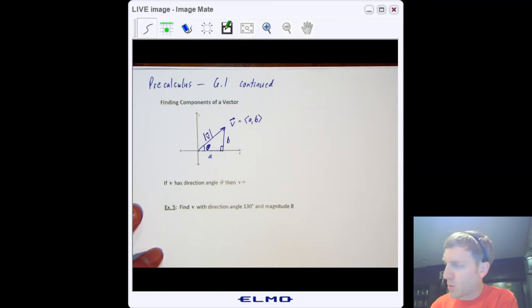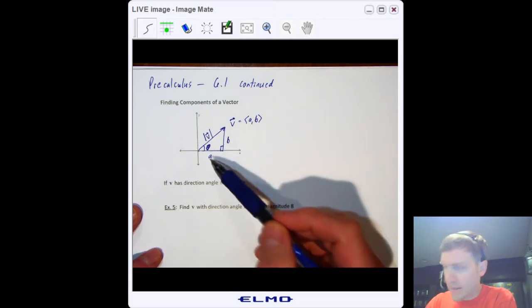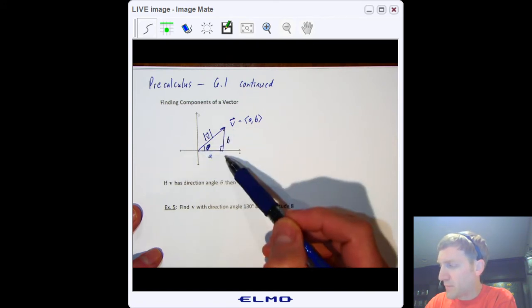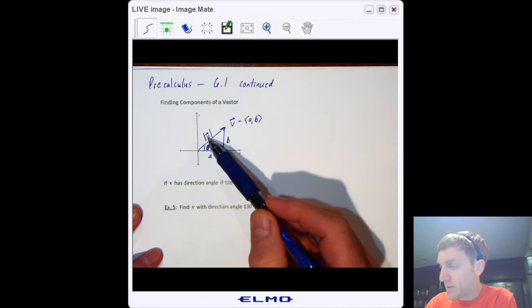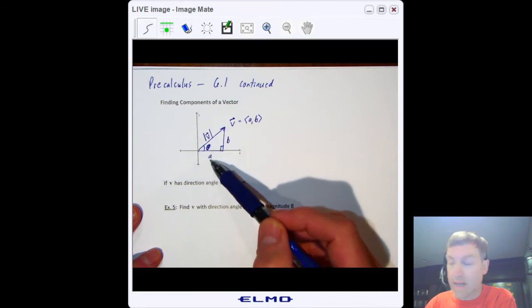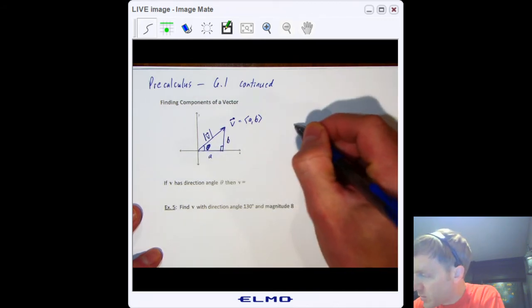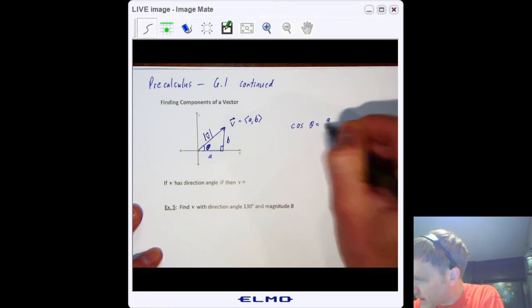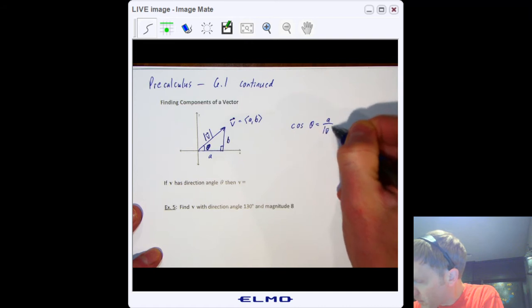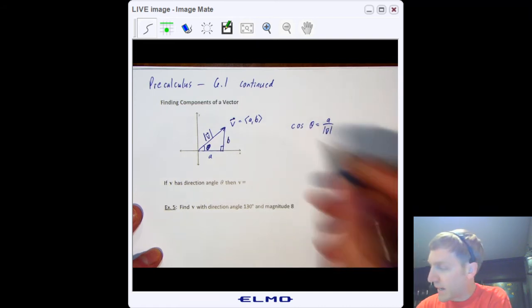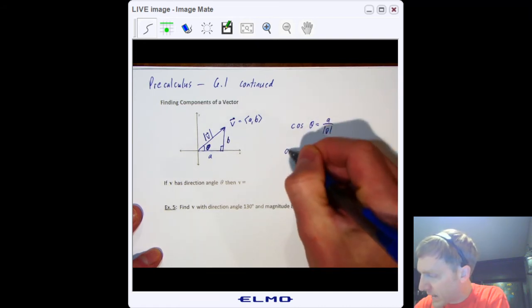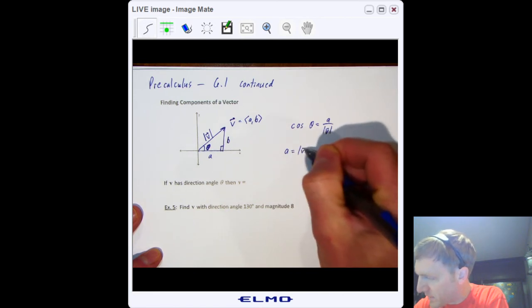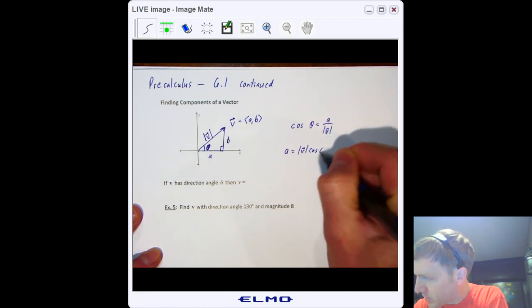Let's say you wanted to find A. Look at this right triangle. You know the hypotenuse and the angle. You want to find the adjacent side. So I'm going to use cosine. Cosine of theta is adjacent over the hypotenuse. I can multiply and solve for A. A is the magnitude of v times the cosine of theta.